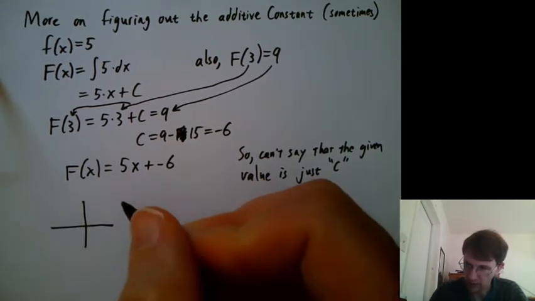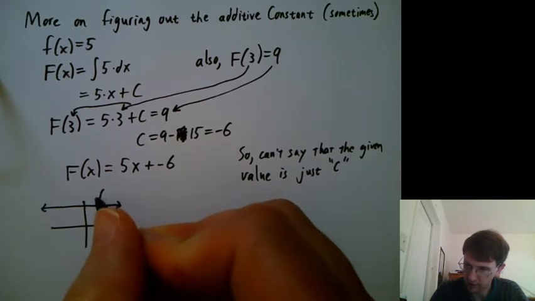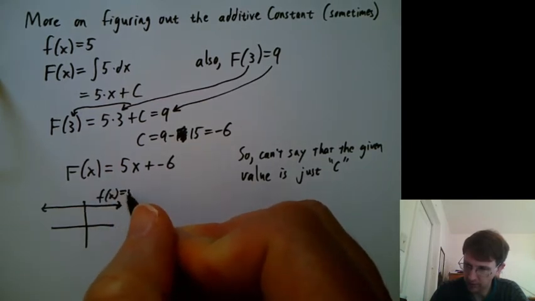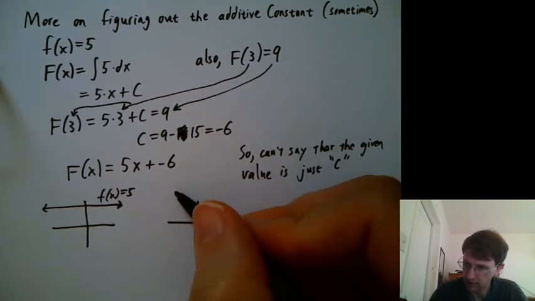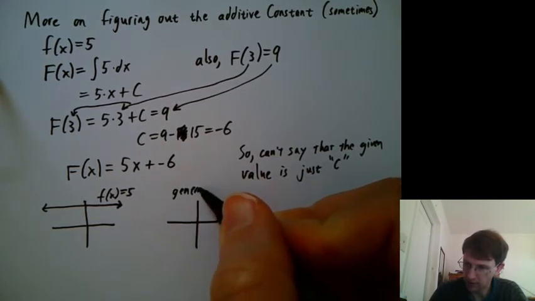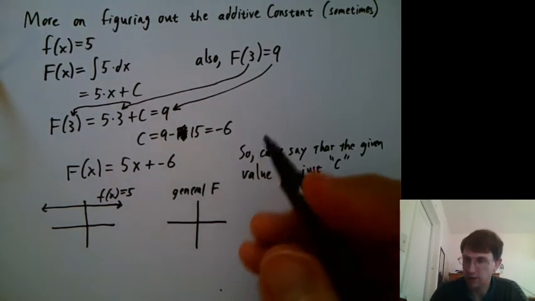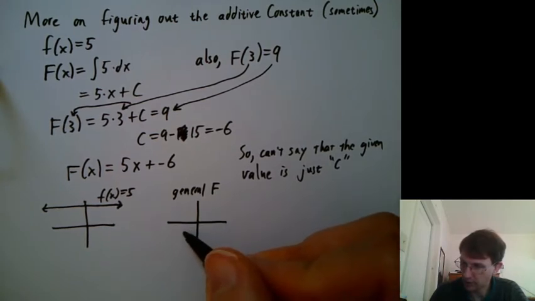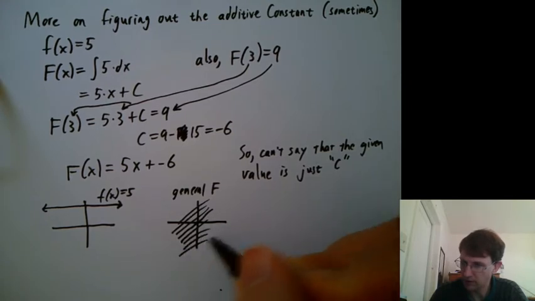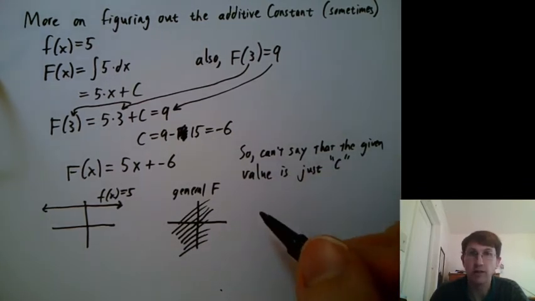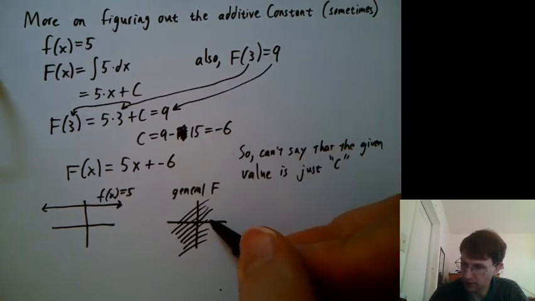We had our function f, which was just a constant at 5. And then we had our general big F, which is 5x plus c, which is a sloped line. Could go through the origin, could be any of those lines. And then we said we know a particular point is at 3, 9.